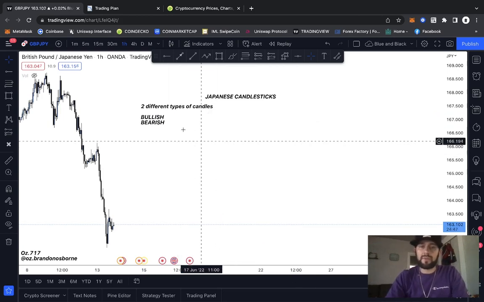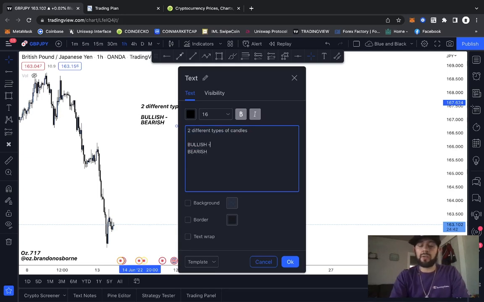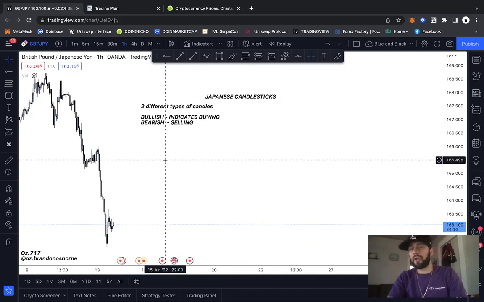The difference between them is that a bullish candle indicates buying, and a bearish candle indicates selling. So a bearish candle is a downwards candle, and obviously a bullish candle is an upwards candle. That's why you hear people saying bullish market, bearish market. A bullish market is when the market is going up, and a bearish market is when the market is going down.